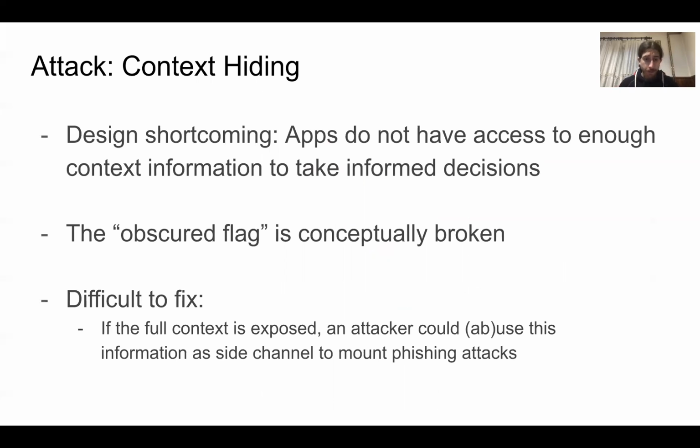And again, it's difficult to fix because if you told the target application the full context of what's going on, maybe this application could defend itself because it would say, oh, there is a lot of overlay on top, so I'm not going to do anything. But maybe this mechanism could be abused by an attacker to do state inference attacks, know more or less what was going on, and maybe mount phishing attacks. So it's quite difficult.